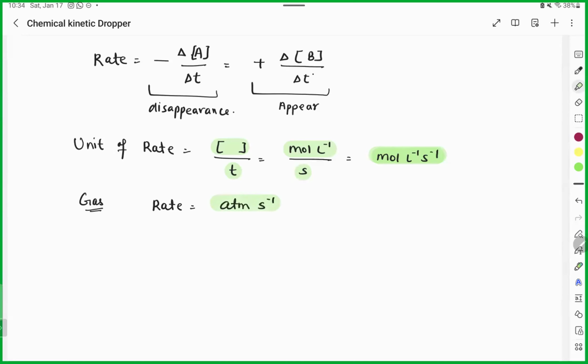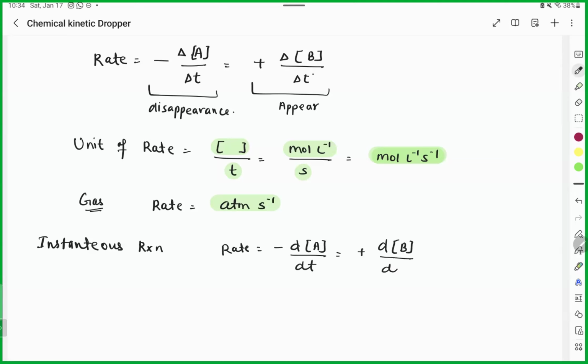Any doubt, guys? If you do the same for any reaction that occurs instantly, very rapidly, everything will be the same. If you calculate the rate, it will be written in the form dA by dt and plus dB by dt.